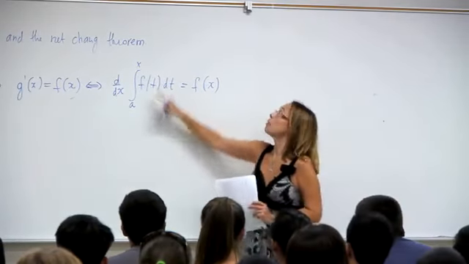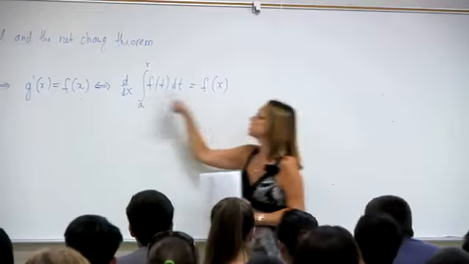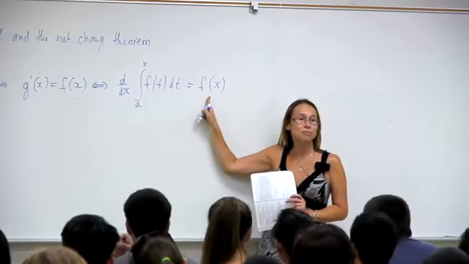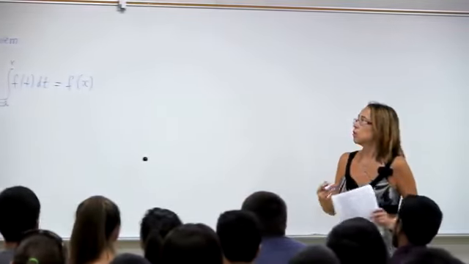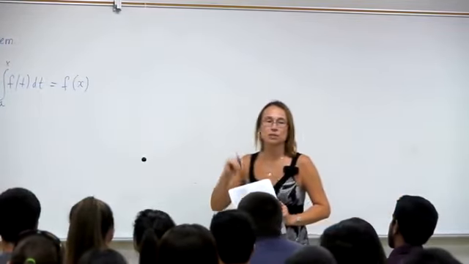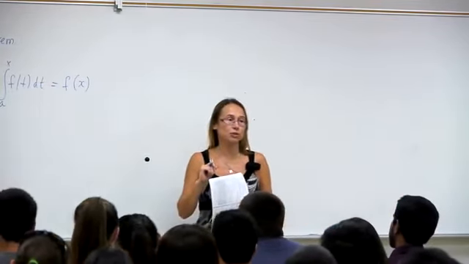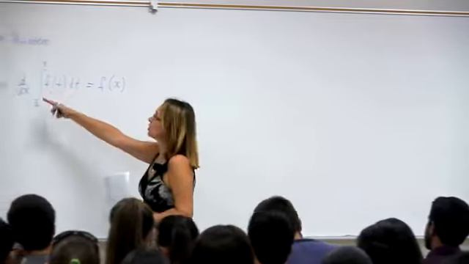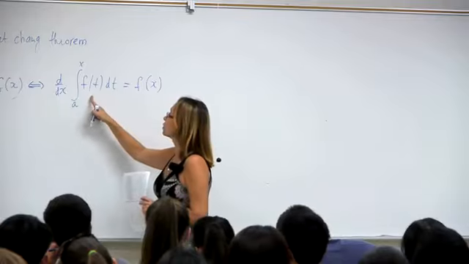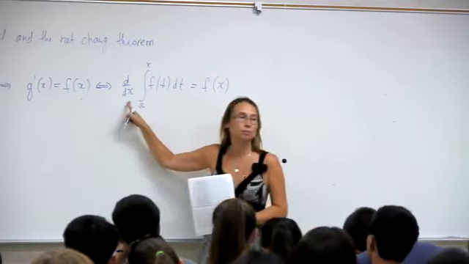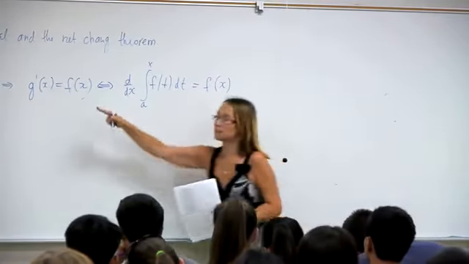We take f, we integrate it, we differentiate it, and it remains f. So this shows you that, in some sense, integration and differentiation are opposite to each other. You do something to the function f, and then you undo it. Okay? So this is what this thing says.